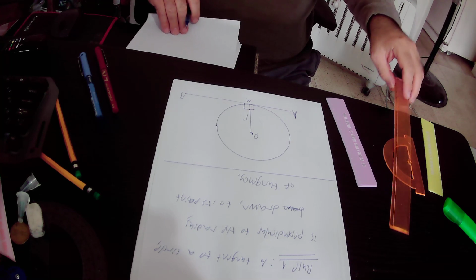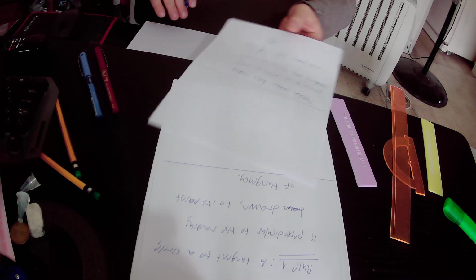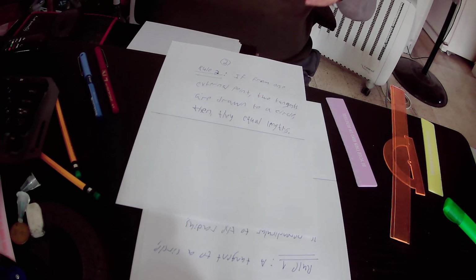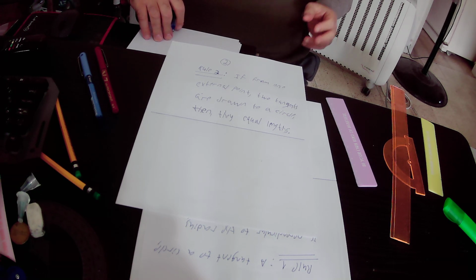So I will read rule number 2 again. Rule number 2 states that if from one external point two tangents are drawn to a circle, then they have equal lengths. So what is the meaning of rule number 2?